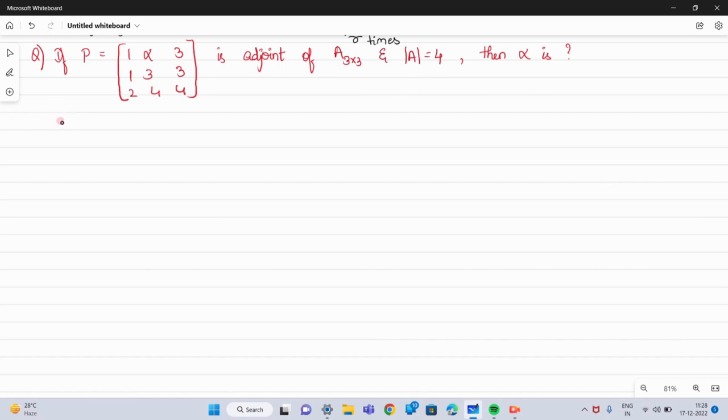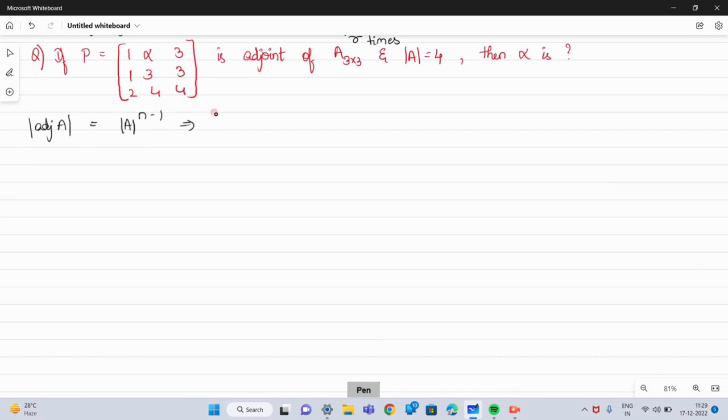We have already discussed a property which has a relationship between the adjoint of A and the determinant of A. What is that? The determinant of adjoint of A is the determinant of A whole power N minus 1. Using this property, we can find out alpha.